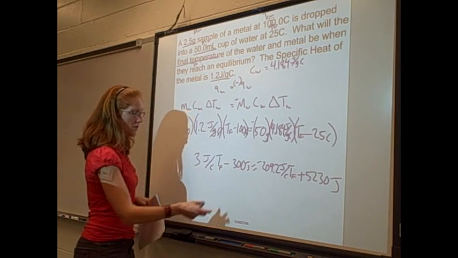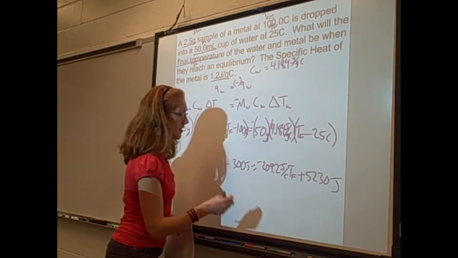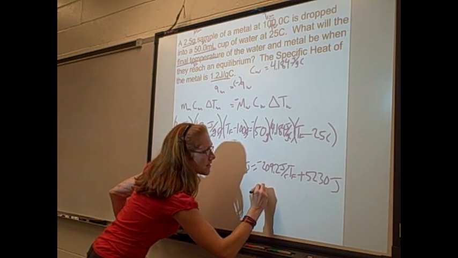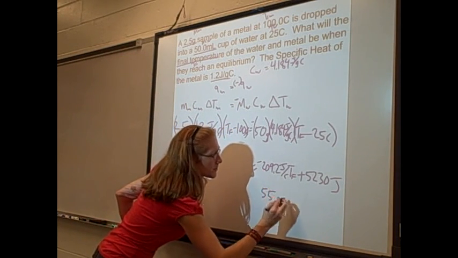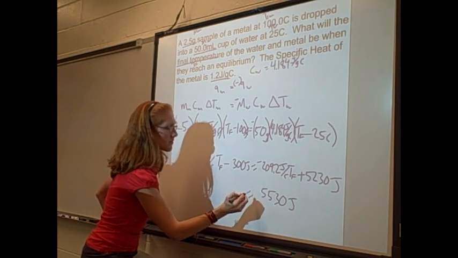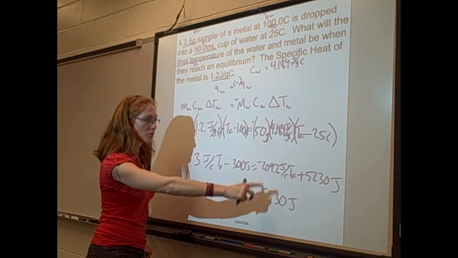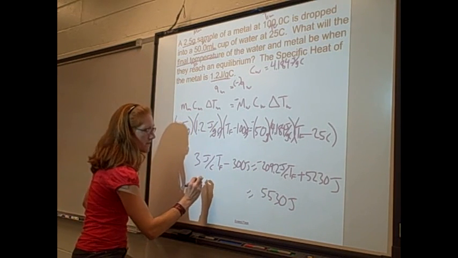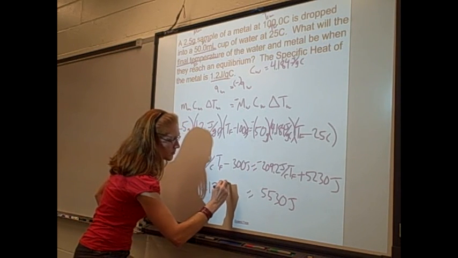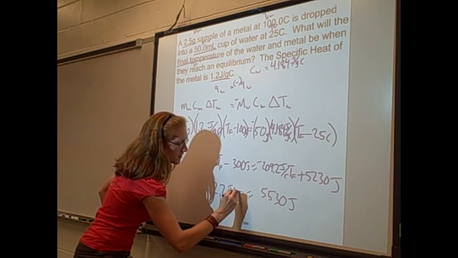Okay, so now I want to collect like terms. I'll go ahead and add 300 to each side. So 300 joules plus that 5,230, and I get 5,530 joules, equal to, I'll add 209.2 joules per Celsius TF, and I get 212.2 joules per Celsius TF.